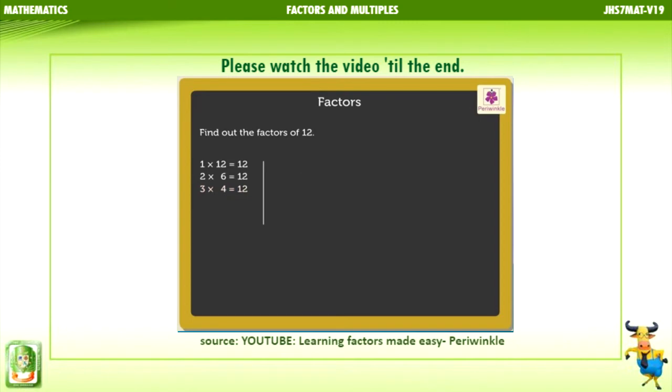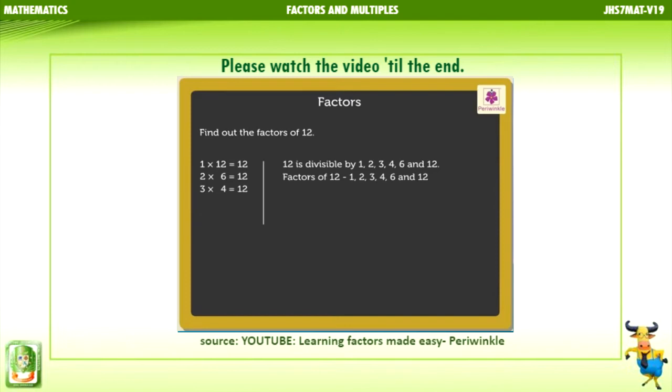Thus, we now understand that 12 is divisible by 1, 2, 3, 4, 6, and 12. Hence, we say that the numbers 1, 2, 3, 4, 6, and 12 are the factors of 12.